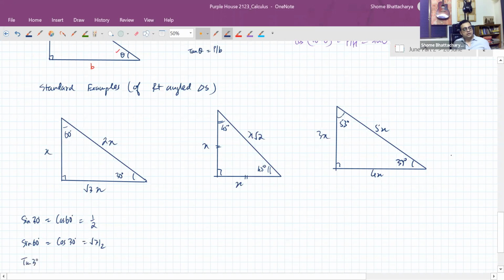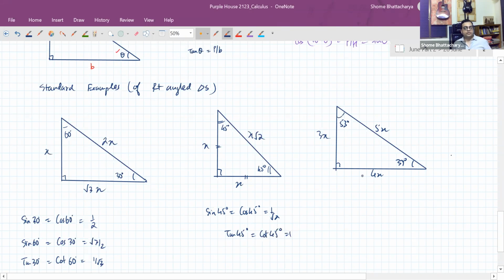Tan 30 is the same thing as cot 60, which is equal to 1 by root 3. Whereas here you will remember that sine 45 is the same thing as cos 45, which is equal to 1 by root 2, and tan 45 is the same thing as cot 45, which is equal to 1.